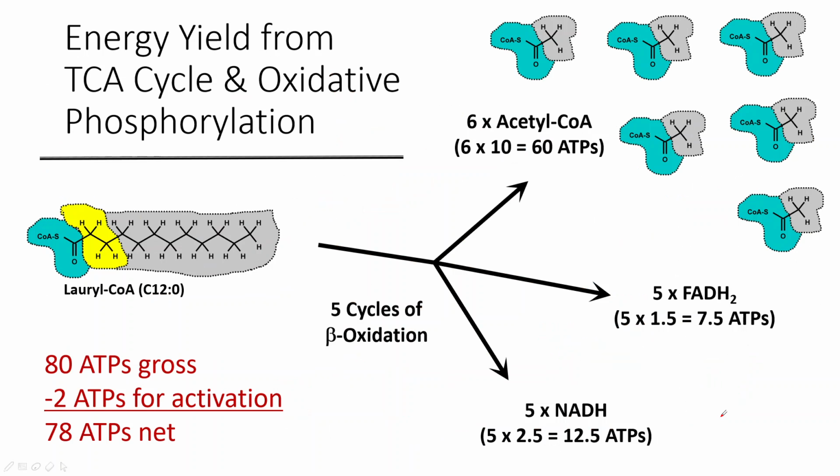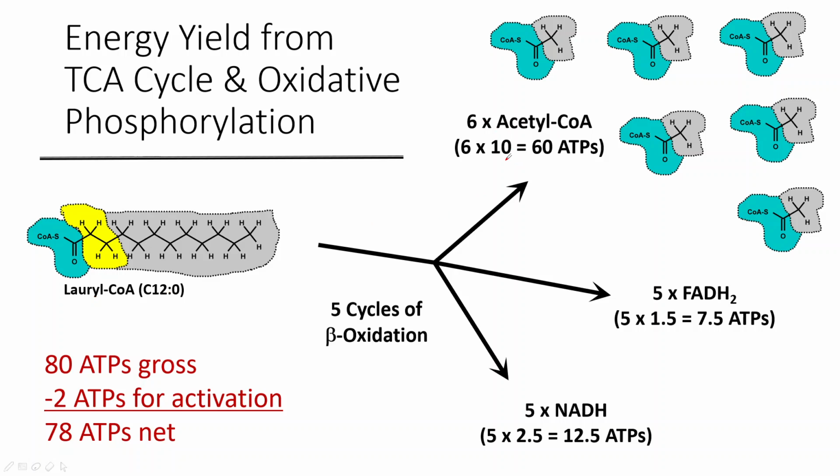Now, where do all these ATPs come from? Let me just simply walk you through this very quickly. Lauryl-CoA with 12 carbons is going to generate 6 acetyl-CoA molecules. Again, 2 of these carbons from acetyl-CoA are going to derive from the lauryl-CoA fatty acid degradation.